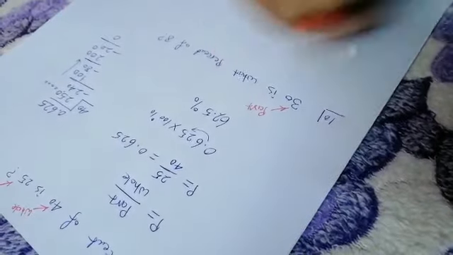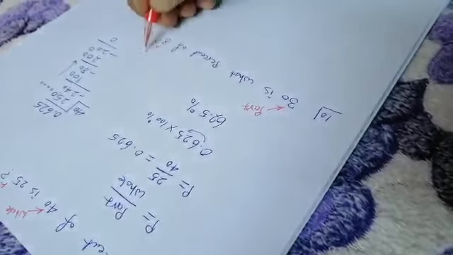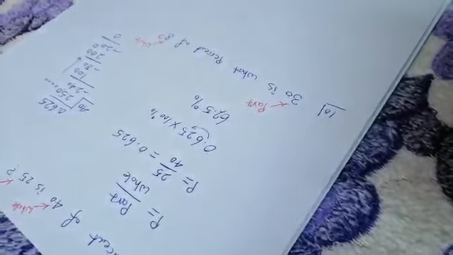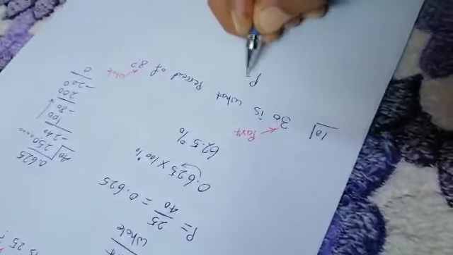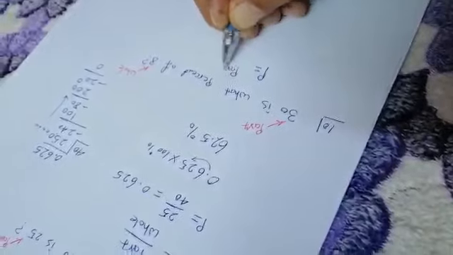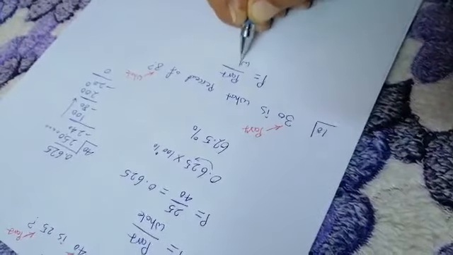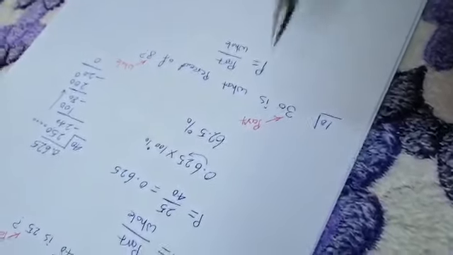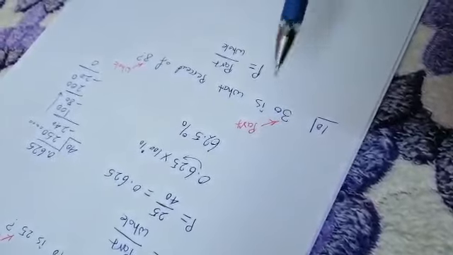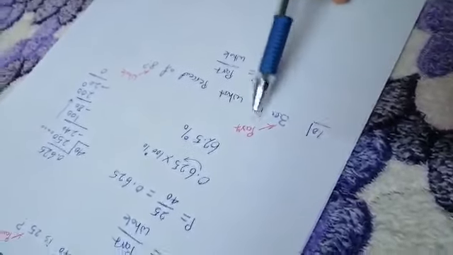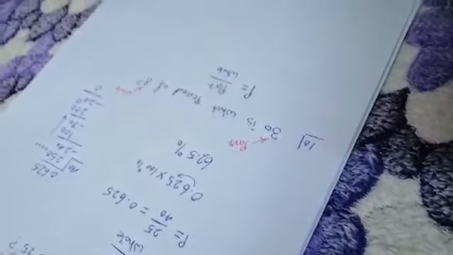Then 30 is the part and 8 is the whole. We follow the formula: P equals part divided by whole. In questions like this, the first number represents the part and the last number is the whole.